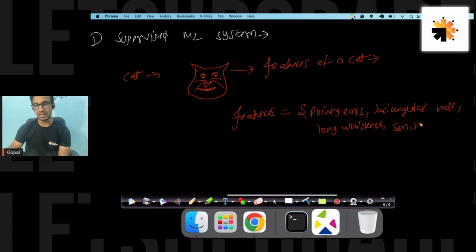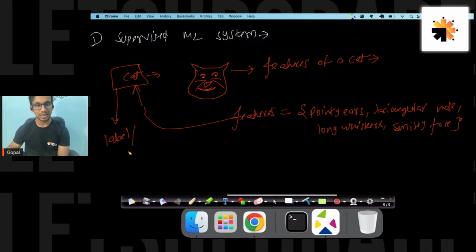Assume a smiley face. These are the features, and these features represent what exactly? A cat. So this cat will be referred to as a label or a class.